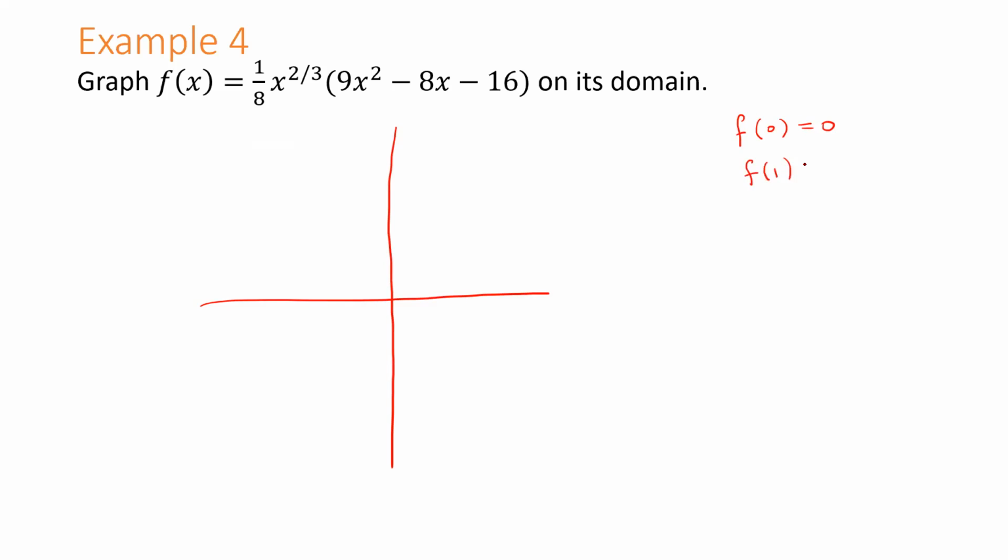F of 1, if I plug in 1 here, it's actually pretty easy to evaluate. Let's see, 1 minus 16 is negative 15. And then times 1 over 8, so negative 15 over 8. And then f of negative 4 over 9.